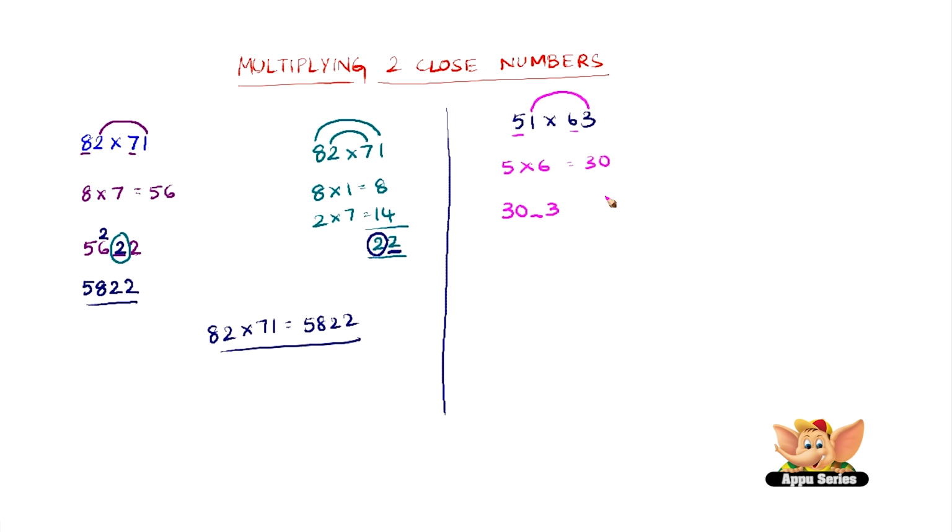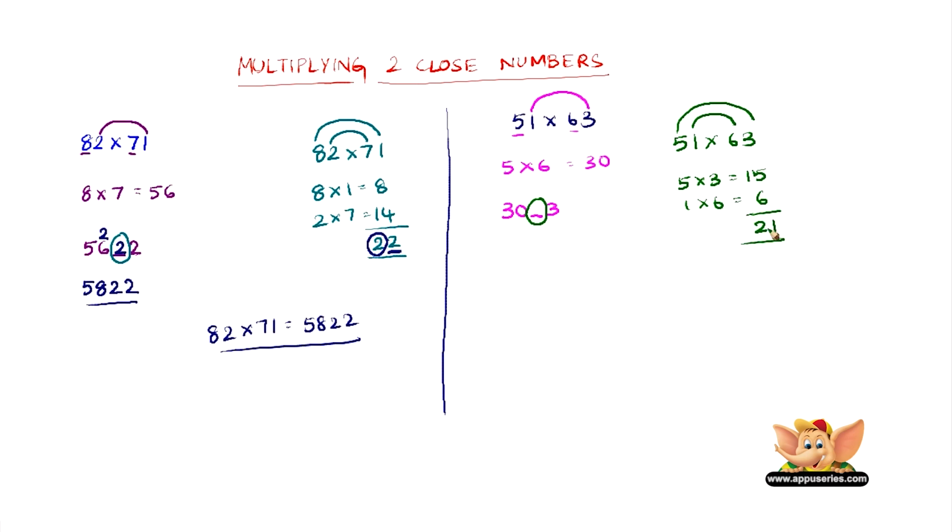So again, to find the middle digit, all we have to do is rainbow multiplication. So 1 multiplied with 6 and 5 multiplied with 3. So 5 into 3 equals 15 and 1 into 6 is 6. We add them to get 21.